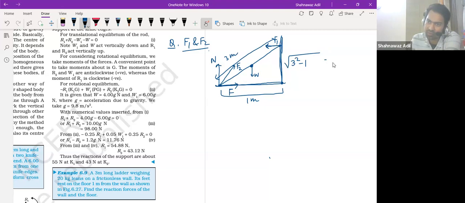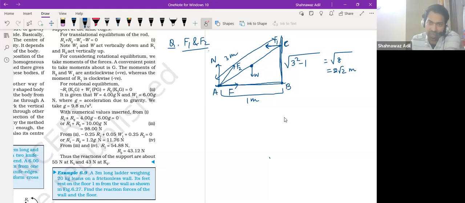So this is root 8, which is about 2, right? So all the distances are known. Okay, and let's say this is point A, this is B, and this is C, and we know all the forces.